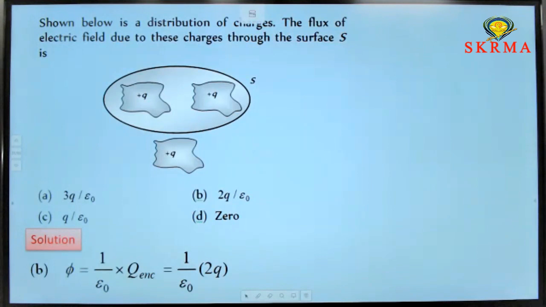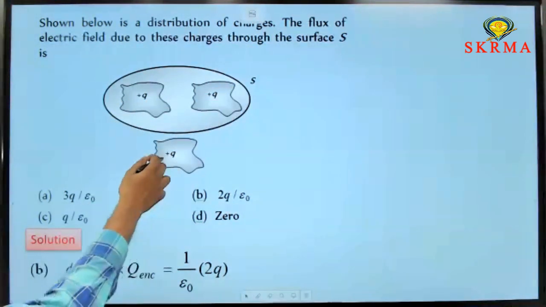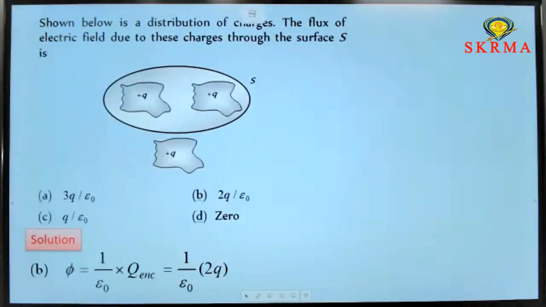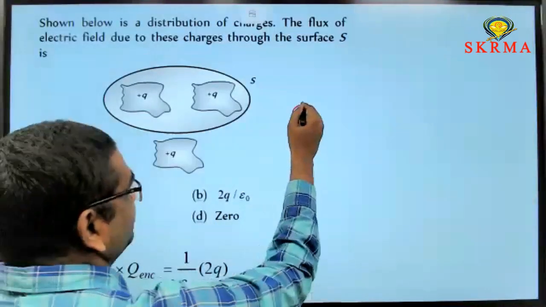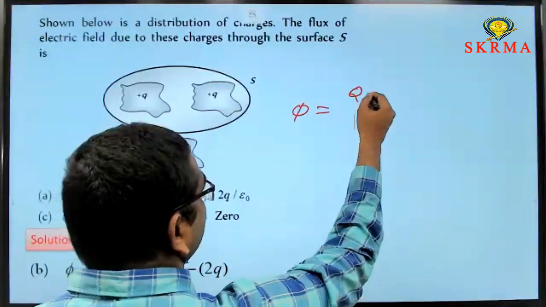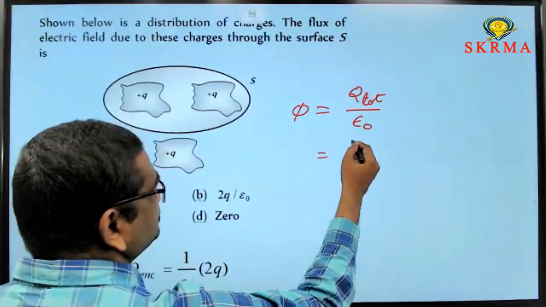Next, go through this one. Here, in the charge distribution, plus Q and plus Q are within the surface and another plus Q is outside the surface. Then what is the flux passing through the surface? Flux equals Q total by epsilon naught. How much is the total charge?